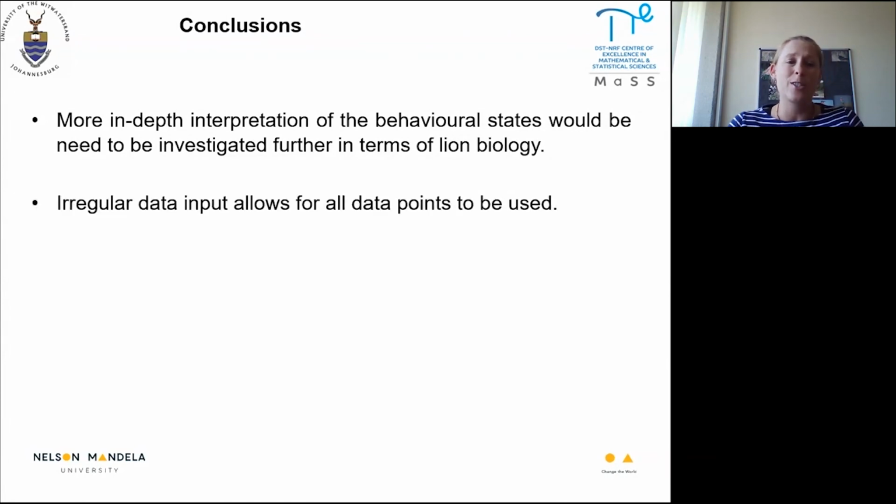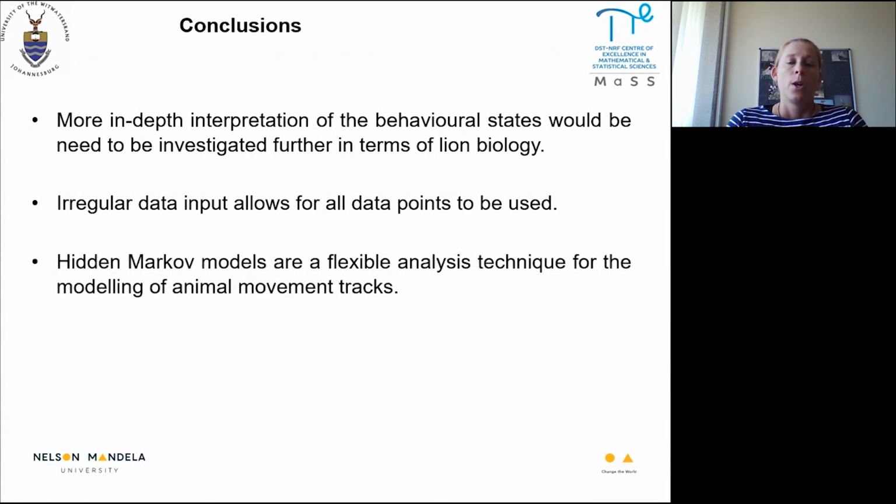The results that we've got are encouraging, but it certainly does need a bit of work in terms of the interpretation. The important point for us really was that the irregular data input allowed all of the data points to be used. So instead of throwing away a whole lot of the regular hourly observations at night and just sticking to a 4-hour model that could use day and night observation, we were now able to use all of the data.